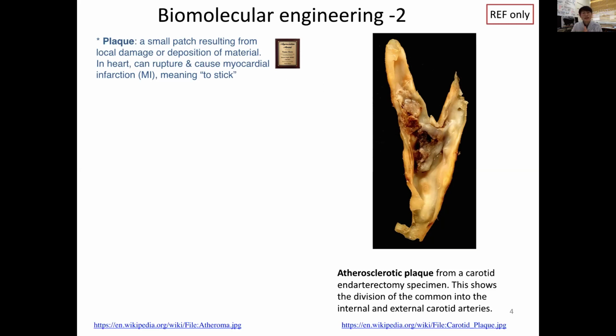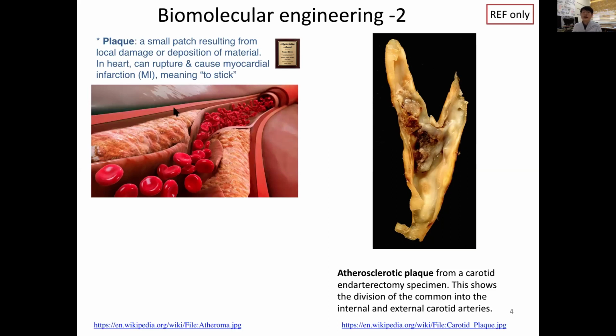Or when you go to a dental clinic, they call it dental plaque, which is a deposition on our teeth. In the heart, plaque is very important. The blood vessels which feed our heart can have plaque if we have an underlying disease process. This plaque can rupture and cause myocardial infarction. So plaque means to stick, and let's see how it looks.